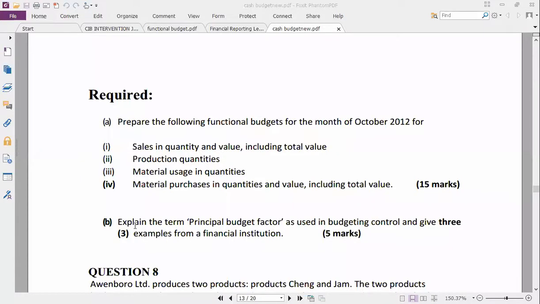Then B, explain the term principal budget factor as used in budgetary control, and give 3 examples from financial institutions.